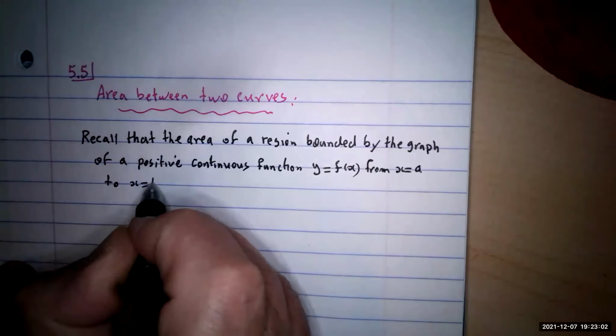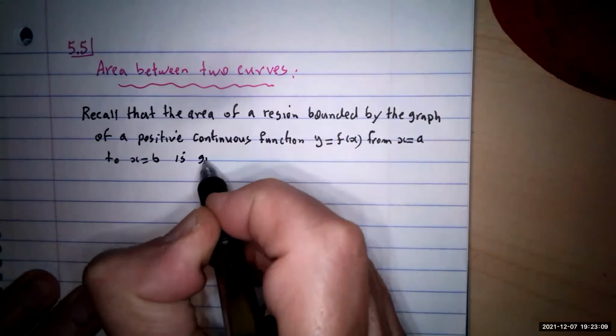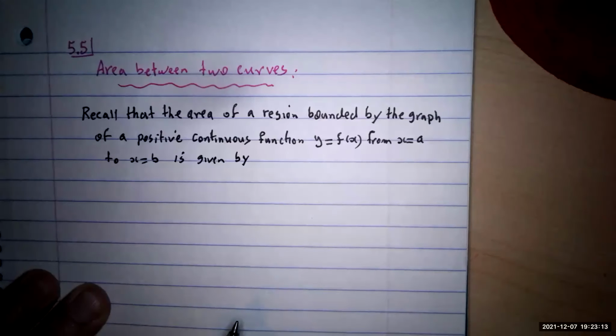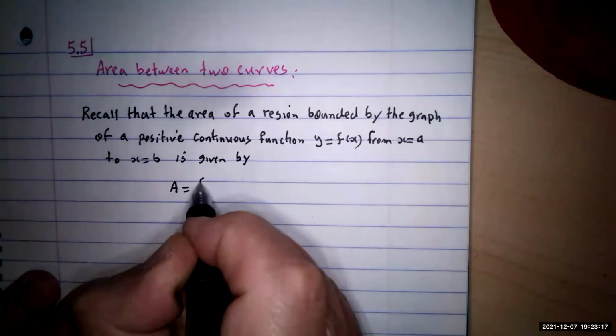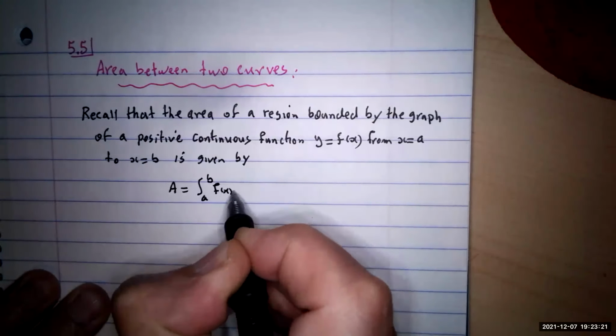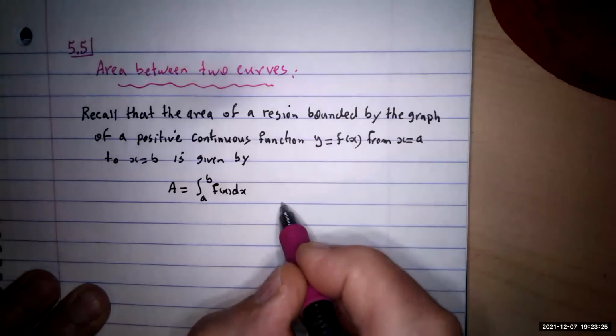That was exactly the definition of the definite integral. It is given by simply an integral: A equal to the integral from a to b, f of x dx. Okay, that's what we know so far.